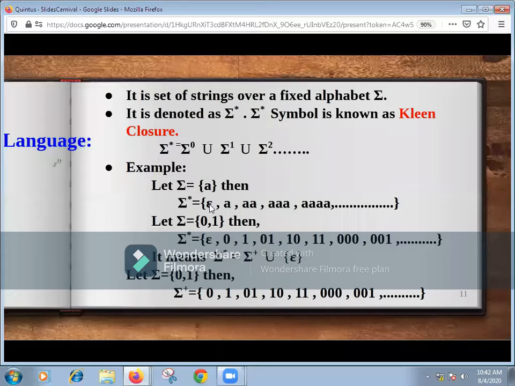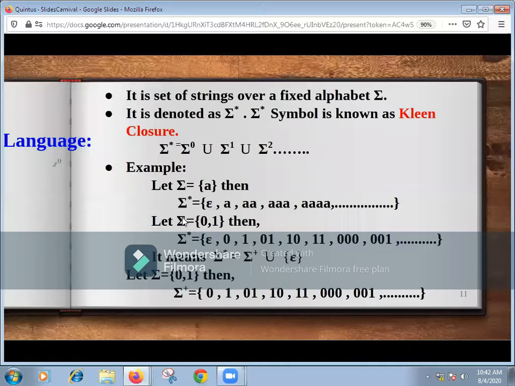So first it starts with epsilon, comma. If we take A as a single element, then union alphabet raised to 1, so it is A, comma. Alphabet raised to 2 means double A, union triple A, union 4A, up to it being raised to n. So this is known as Kleene closure with the specific element A. Now let's take another example.